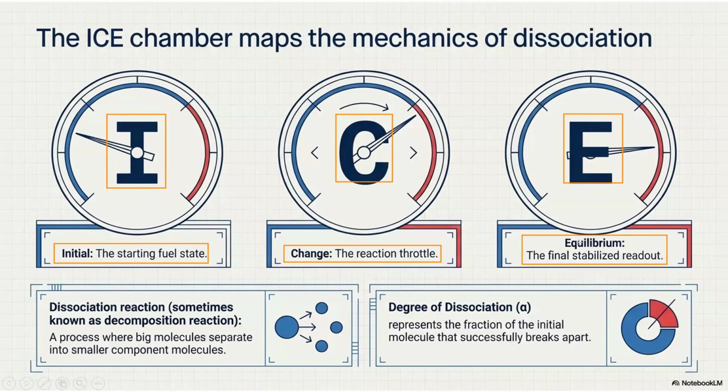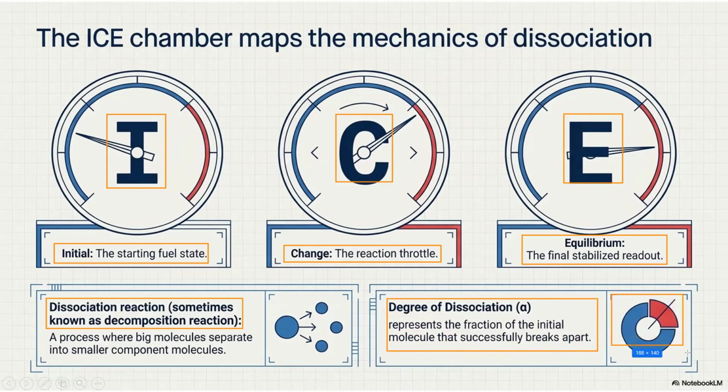Throughout here we have what we call a dissociation reaction. A dissociation reaction is where large molecules decompose to become smaller molecules. How much it dissociates is measured by the degree of dissociation, which represents the fraction of the initial molecules that successfully break apart.